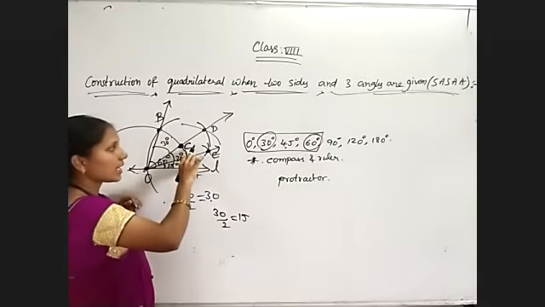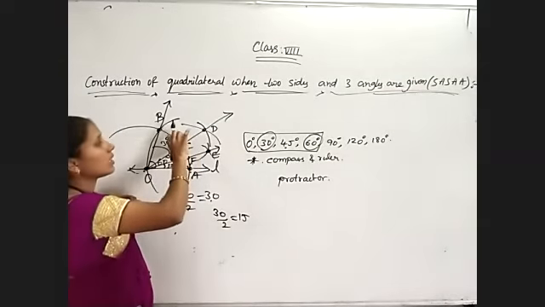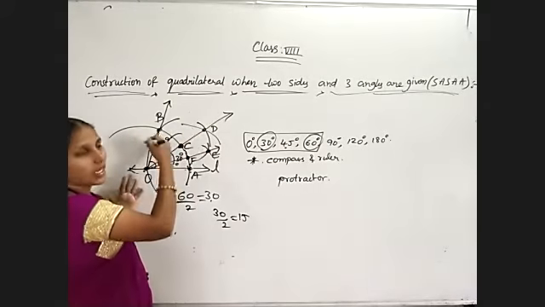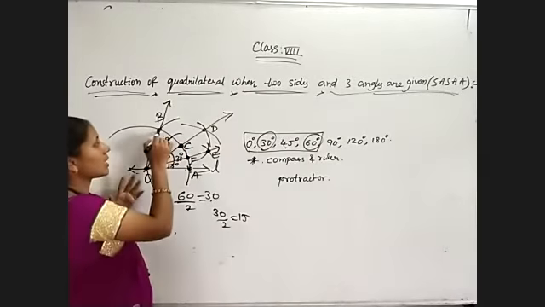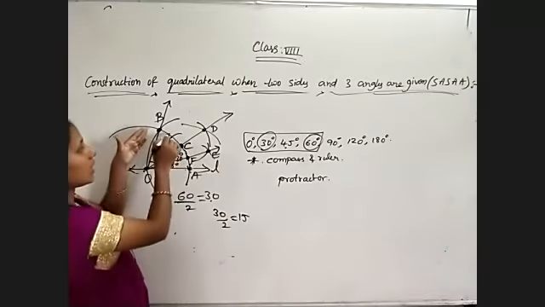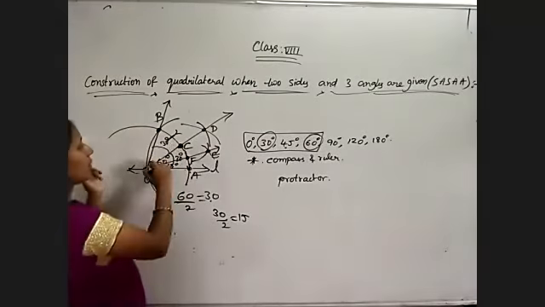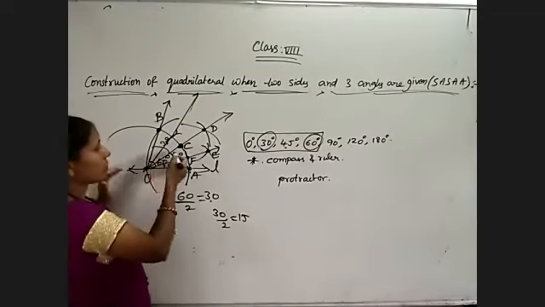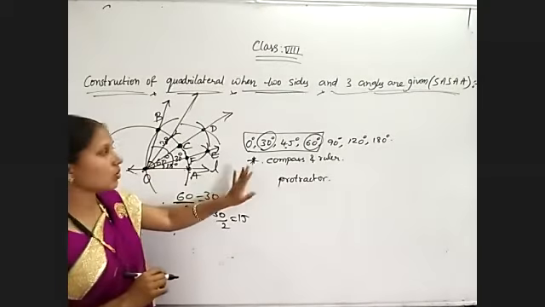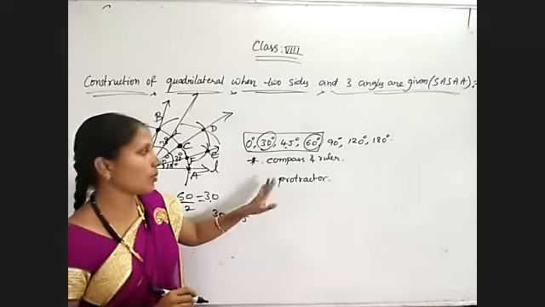So take this radius, place it at C, draw an arc on the right side. If you are taking it from 60 degrees, then you have to come back, so draw it on the left side like this. Anyway, you will get there only. So that is 45 degrees. So don't get confused, no problem.